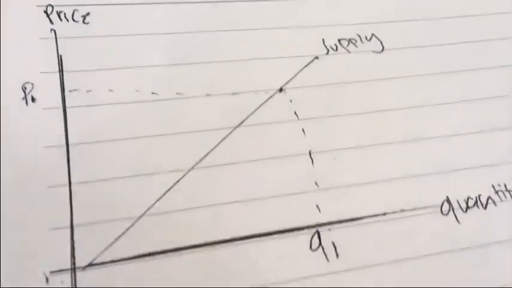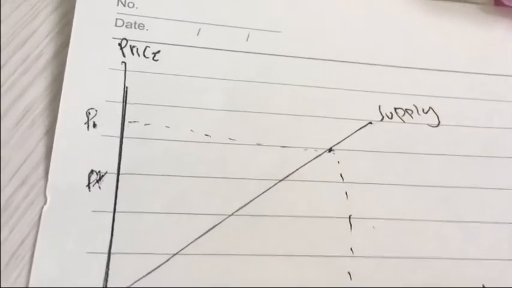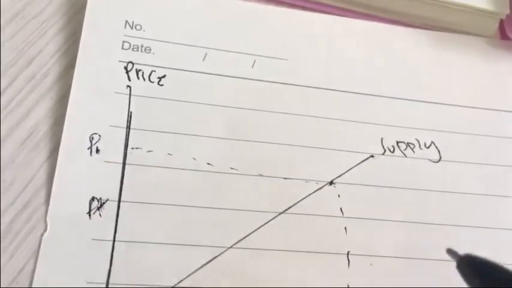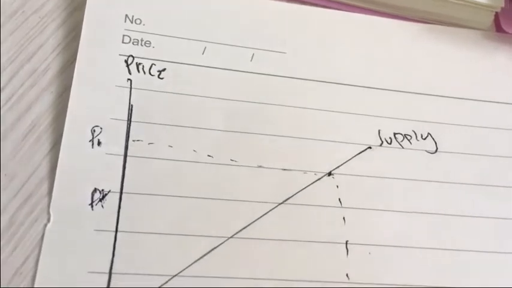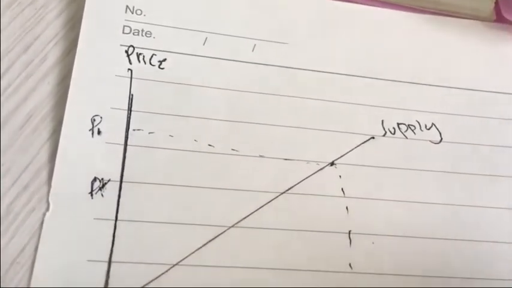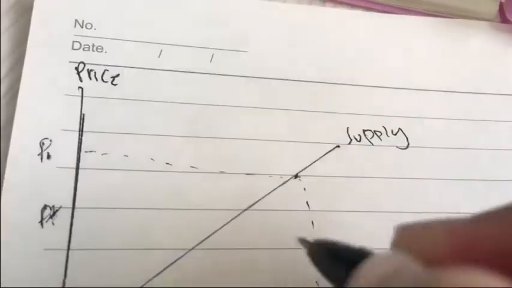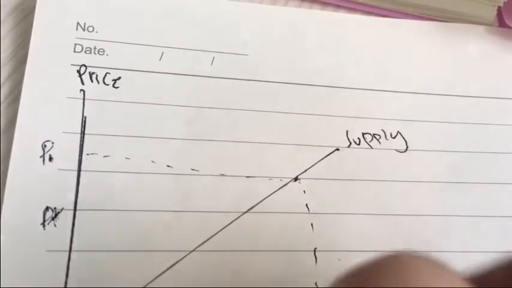So, when the price goes downward from P1 to P star, the quantity follows the price and goes downward from Q1 to Q star.